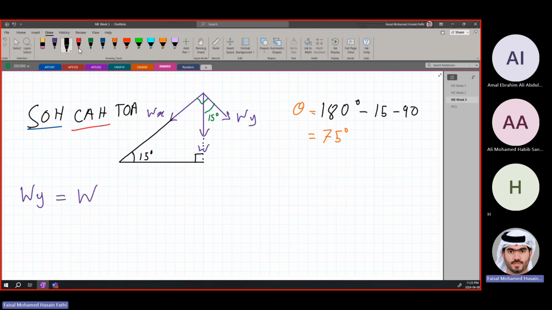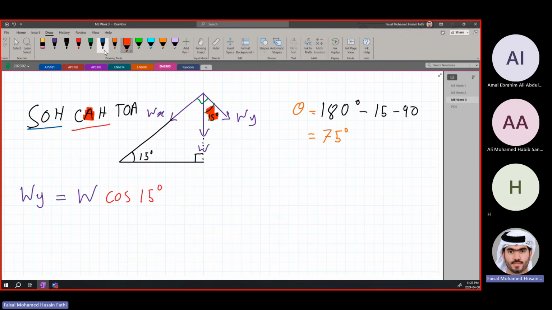How do we know? We look at whether the angle is adjacent to Y or opposite. It's adjacent to it. 15 is adjacent to the WY that we need to find. So it's going to be cosine 15 degrees. Why? Because A, the adjacent, is in the cosine part of SOHCAHTOA.